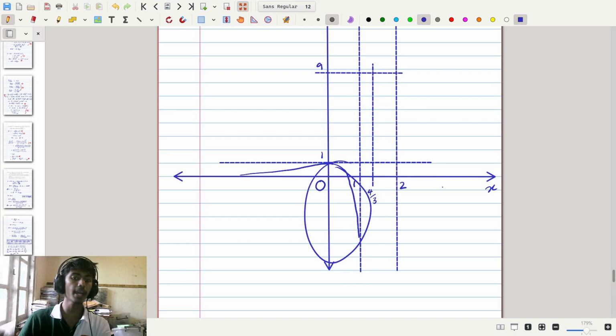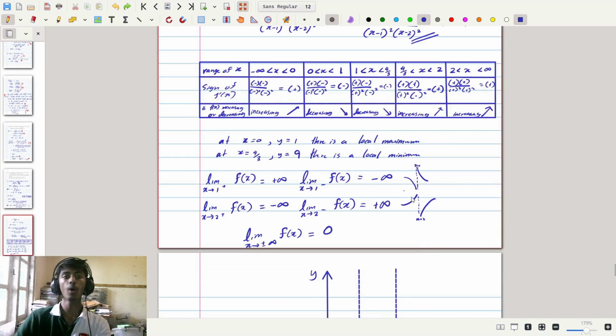So that's what we have for the left hand side, and now we can consider the next value, which is x equals 1 and beyond. On the right hand side of x equals 1, we need to be coming down from negative infinity, or rather positive infinity, and we also need to be continuously decreasing until we get to x equals 4 over 3, at which point we start increasing, meaning we have a local minimum at that point.